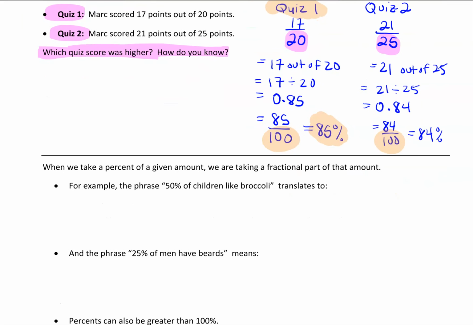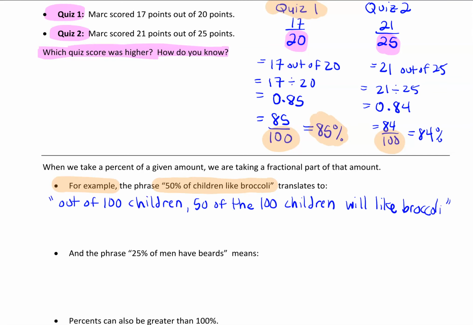Let's say, for example, we see this phrase, 50% of children like broccoli. What does that mean? What does 50% of children mean? Well, that means if we got a group of 100 children, then 50 of those 100 children will like broccoli. 50 out of 100.